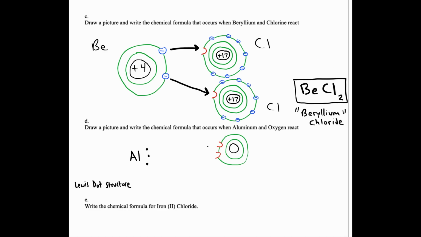Now this puzzle is not complete because even though we could send one of the aluminum's electrons here and the other electron there, we don't have anywhere for that third electron to go. And that means that the reaction could not take place like this. So we have to figure out the right combination of aluminum and oxygen atoms so that perhaps the puzzle can be made complete.